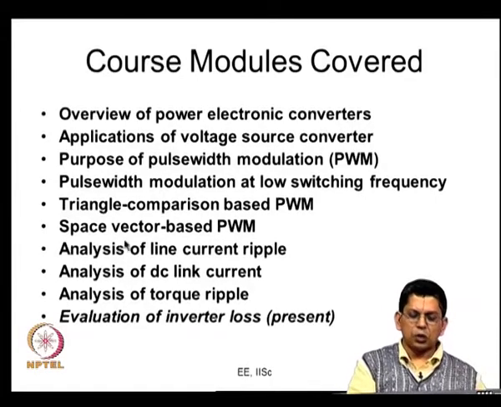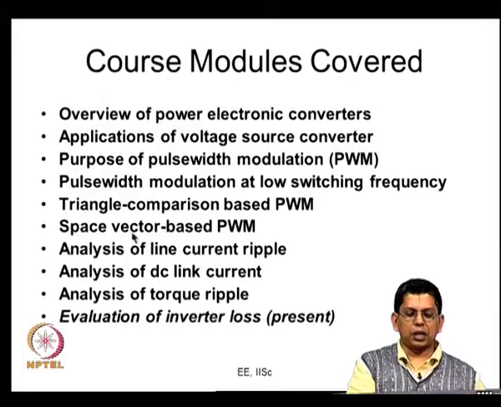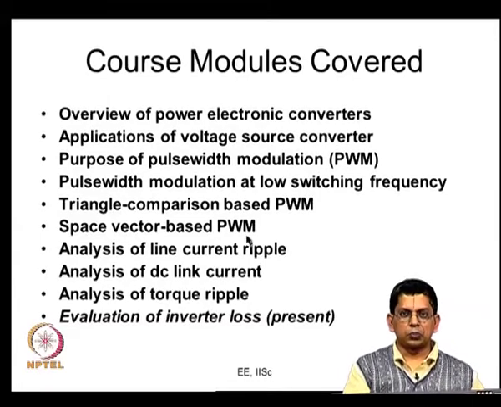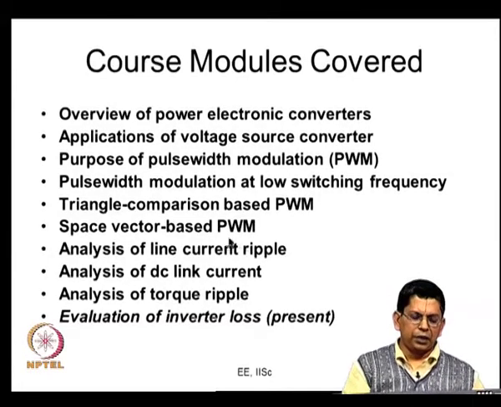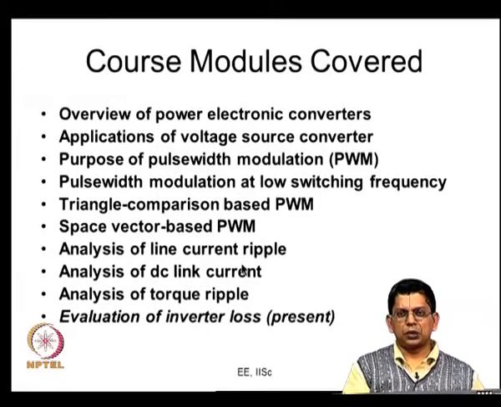We discussed some advanced bus clamping PWM methods as part of space vector based PWM, and we analyzed continuous, discontinuous and advanced bus clamping PWM methods to a certain extent in the module on line current ripple. We showed that there are certain conditions where advanced space vector based PWM could be better than the other methods, particularly in terms of line current ripple at high modulation indices.